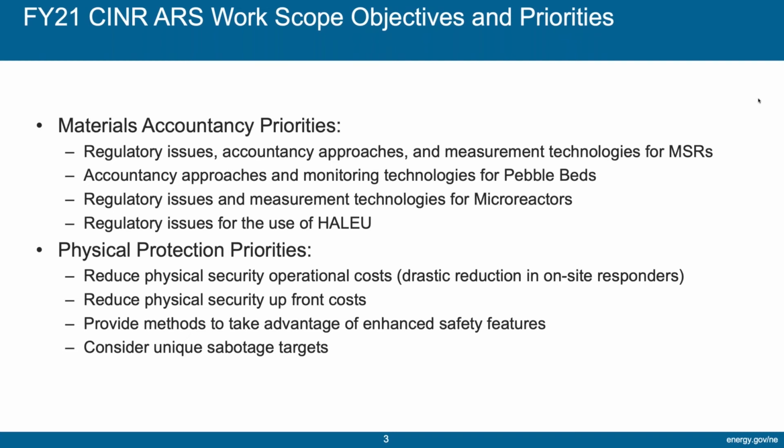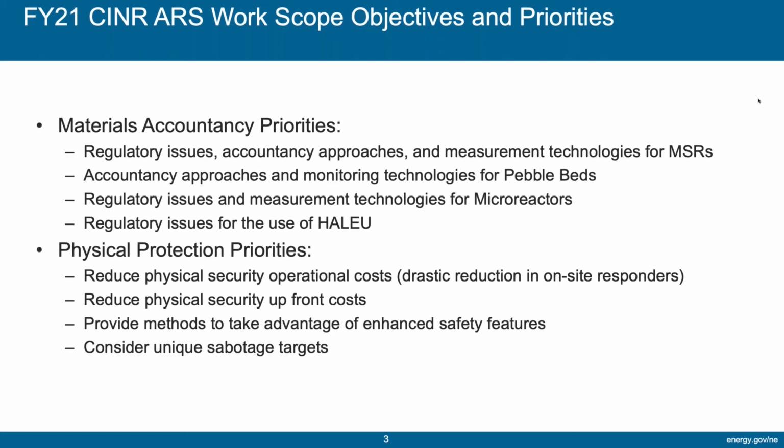So the material accountancy priorities are: regulatory issues, accountancy approaches and measurement technology for molten salt reactors; accountancy approaches and monitoring technologies for pebble bed reactors; regulatory issues and measurement technologies for microreactors; and also regulatory issues on the use of HALEU, which most of the advanced reactors will be using.